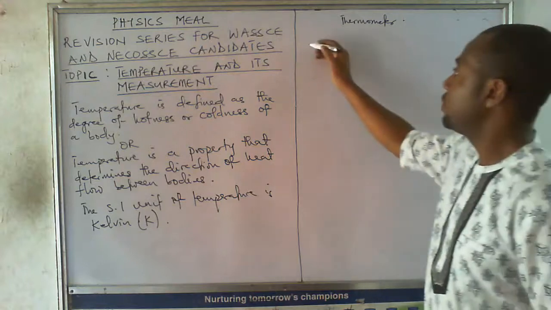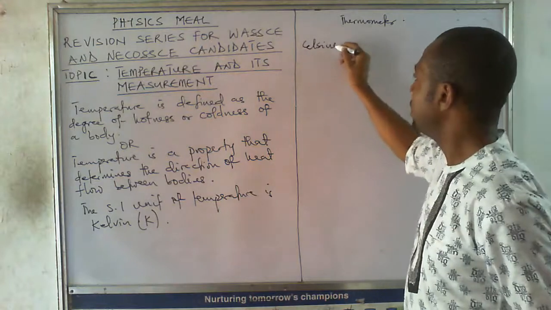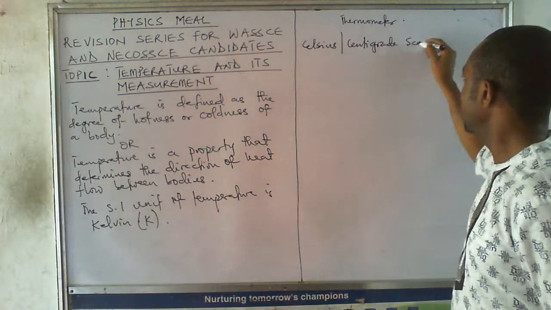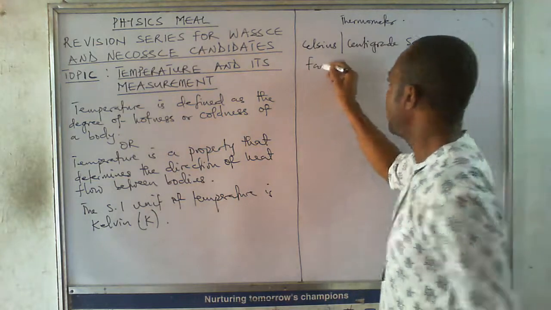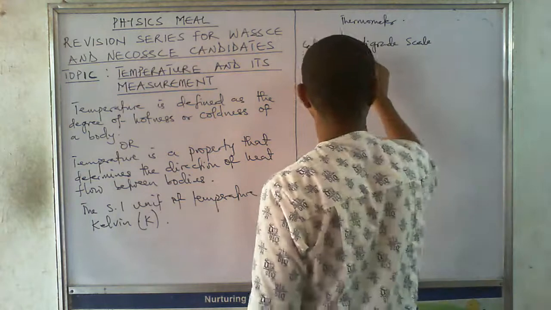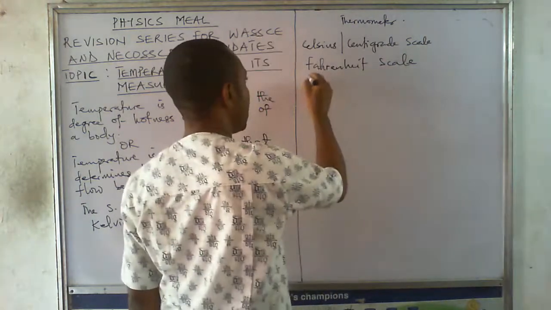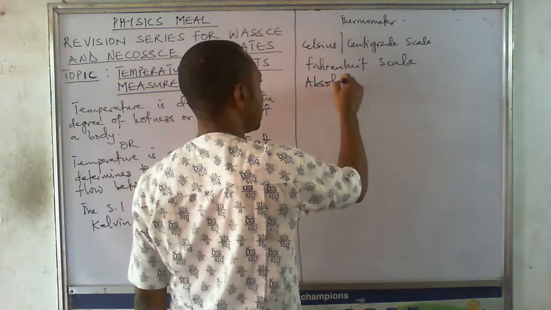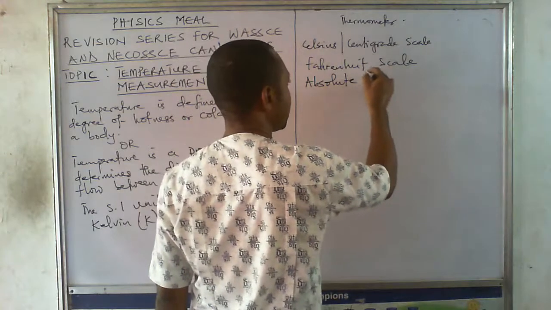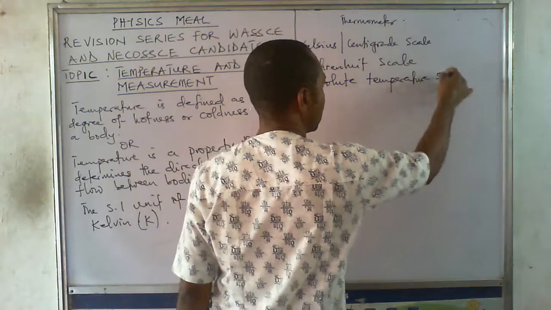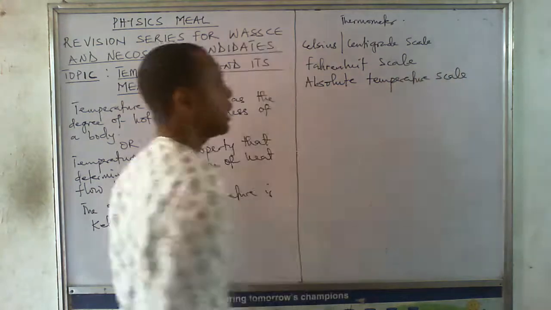We have the Celsius scale or the centigrade scale. We have the one we call the Fahrenheit scale, and we have the one we call the absolute temperature scale. And that's the Kelvin scale.